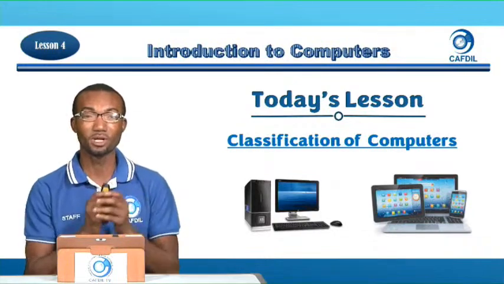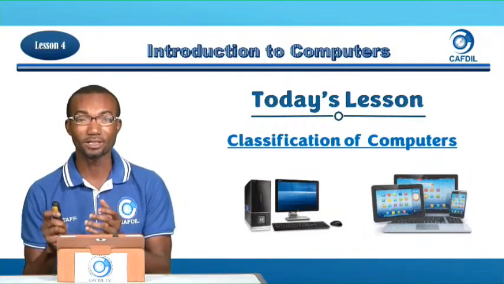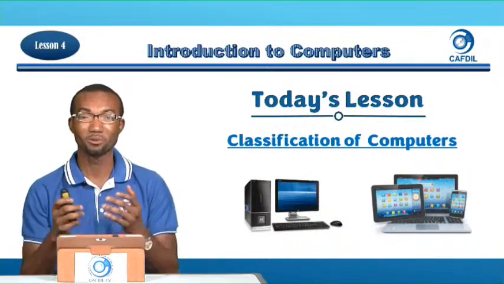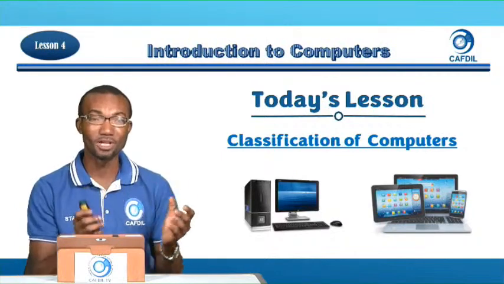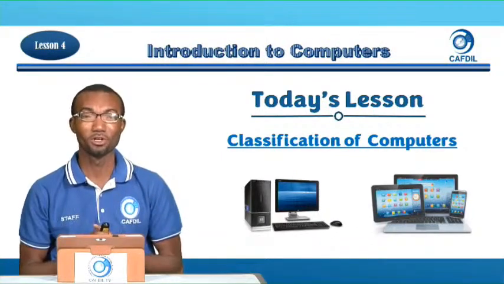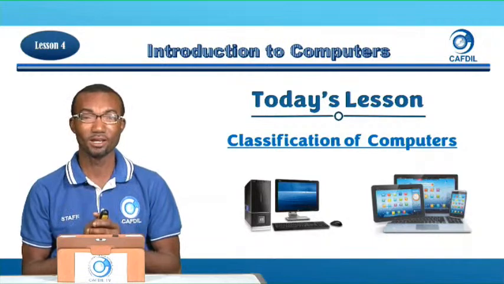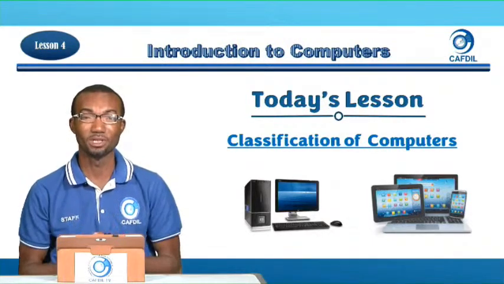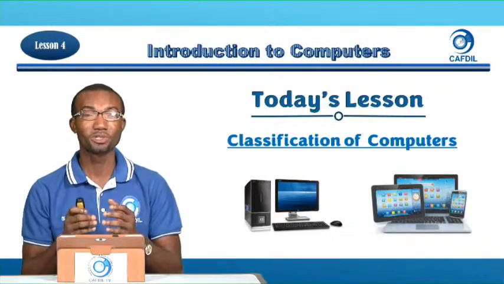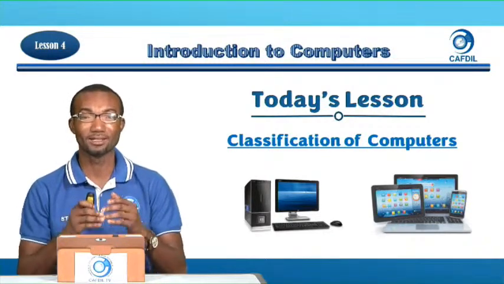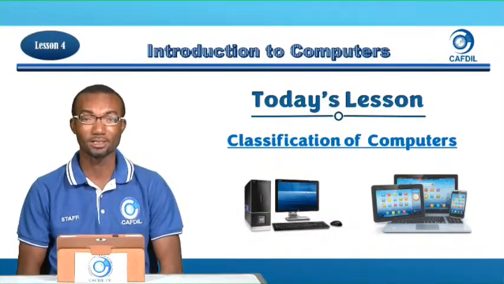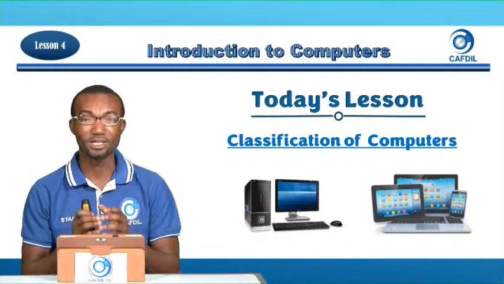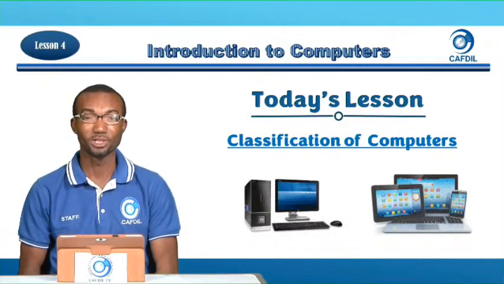You have clothes that you wear to church, clothes that you wear to town when you are going to buy something, and clothes that you wear to the beach, for example. So even the clothes that we wear, we classify them based on how we use them. In the same way, computers are also classified into various groups, and that is what we are going to look at today.